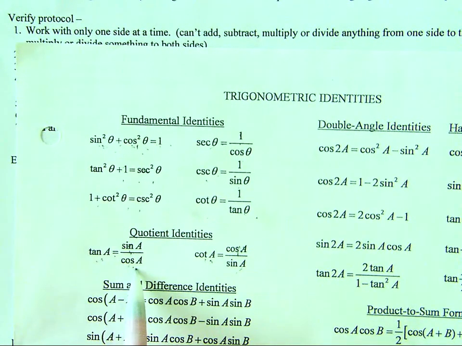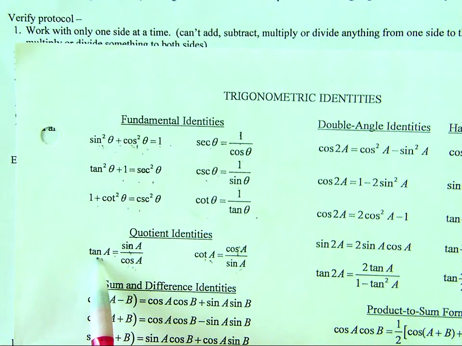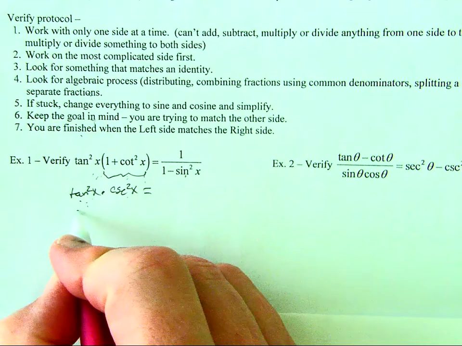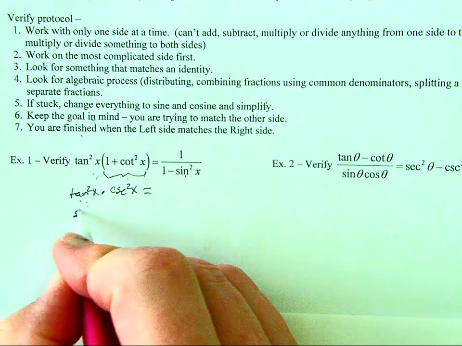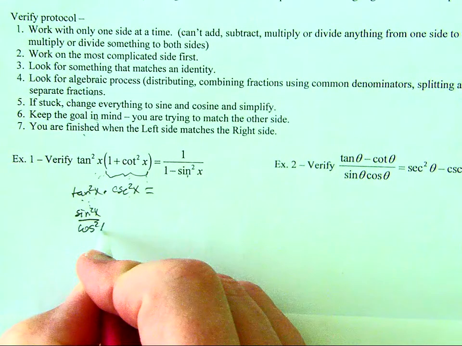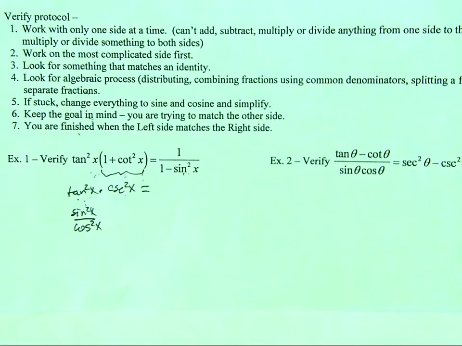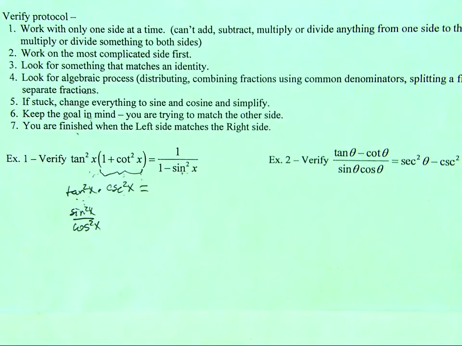Well, if tangent equals sine over cosine, then tangent squared should equal sine squared over cosine squared. So tangent squared, let's change that to sine squared over cosine squared. And we did that because on the other side we have a sine. So we would like to get some sines over here.